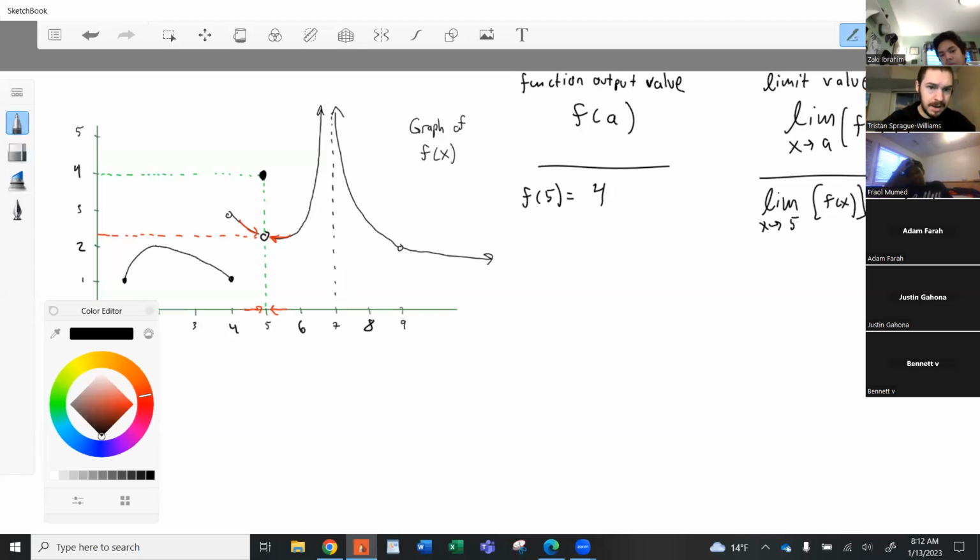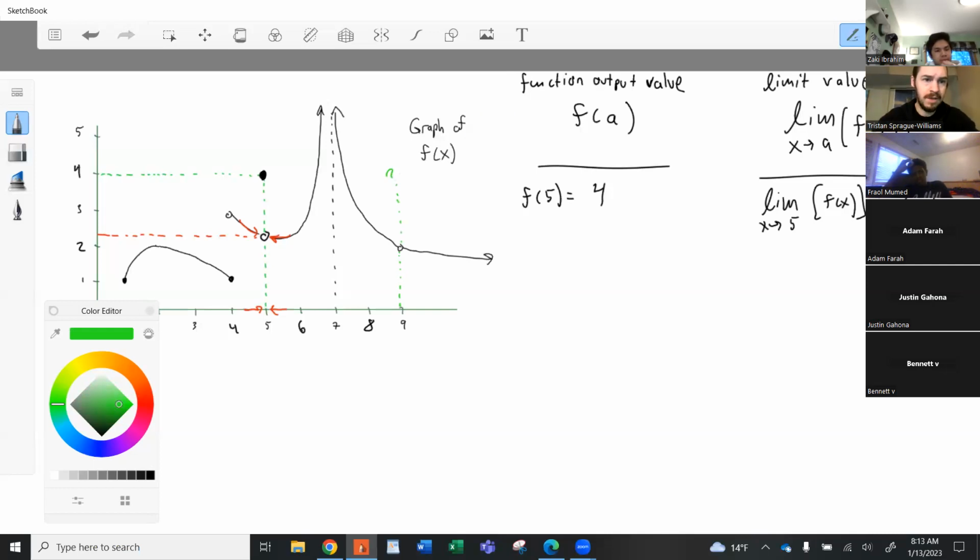Let's look at 9. At 9, the value of the function doesn't even exist. There's a hole in the graph at 9, and there is no dot at all. It's just missing.